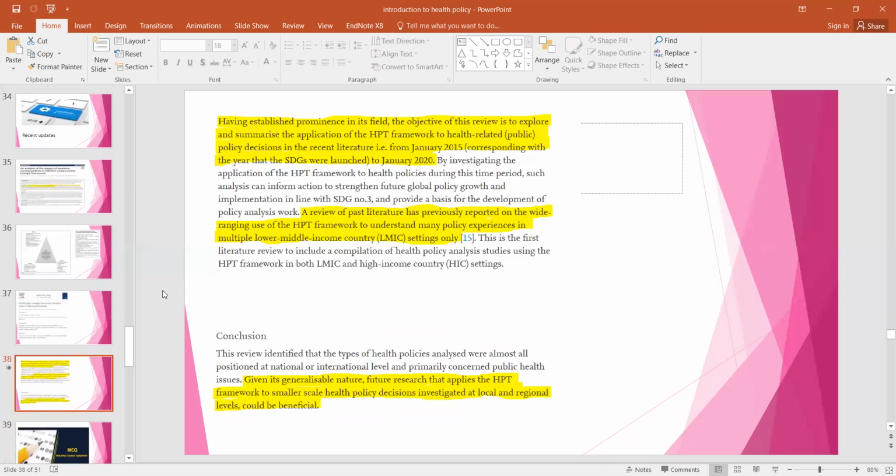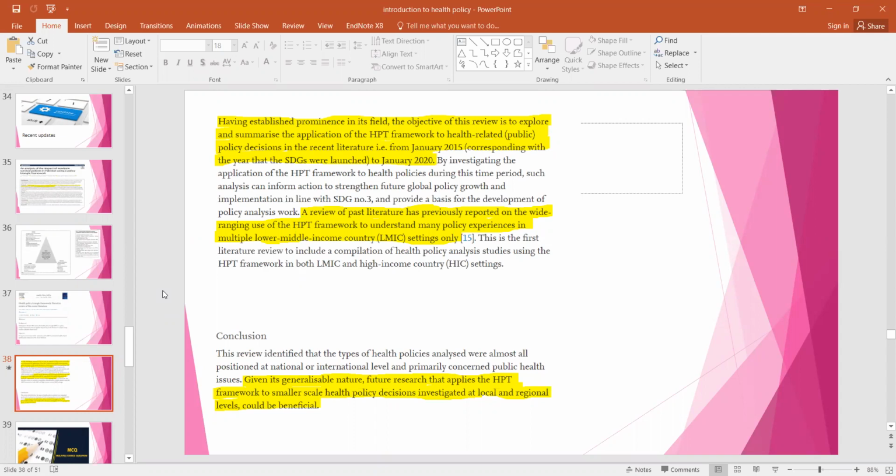Basically it established a prominence in its field. The objective of this review is to explore and summarize that application from January 2015, when the SDGs were launched, to January 2020.